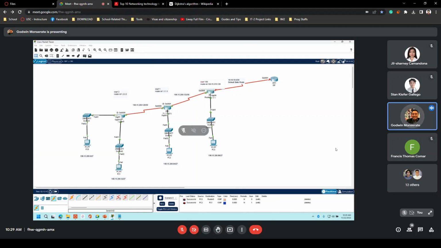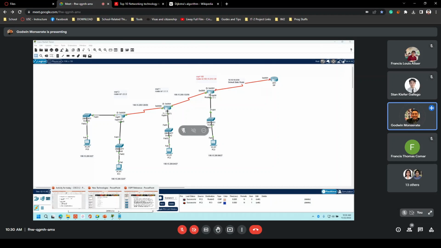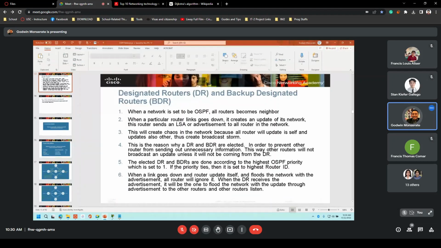Basing on the information, kay mao man ang gi-lecture na ko bag-ulang. Asa dapita diha ang mahimong DR? Ang tunga, sir. Kung maminaw lang ta sa ato ang lecture, nakaklaro kaayo. The elected DR and BDR are done according to the highest OSPF priority, which is set to 1.